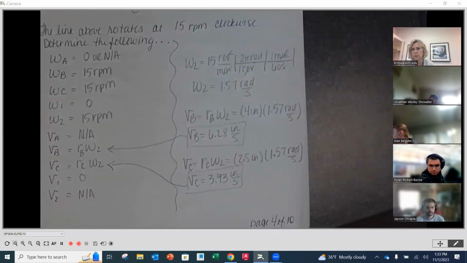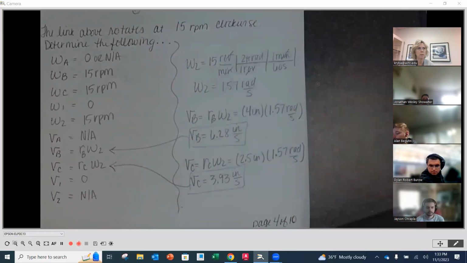As you go through yours and compare with what I have up here, I do have the answers here. Hopefully they match. So first things first, you have to convert your W2 to radians per second. Should get 1.57.